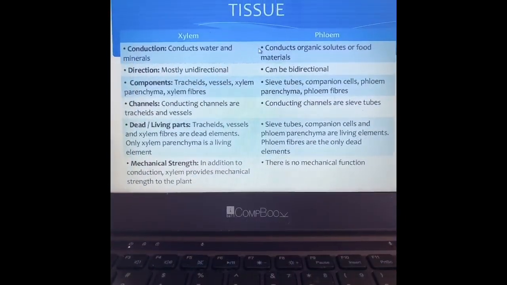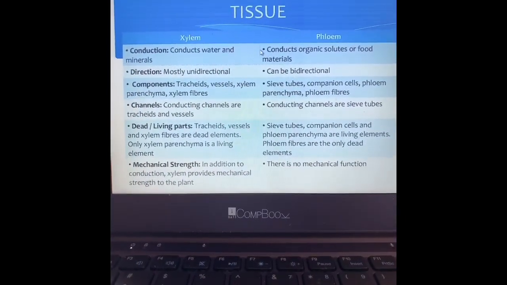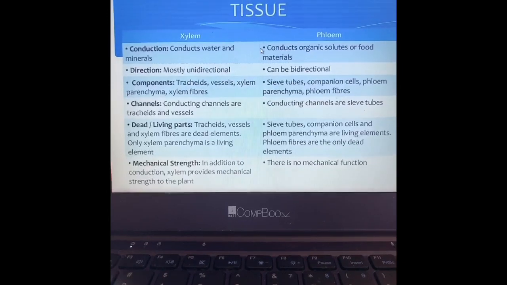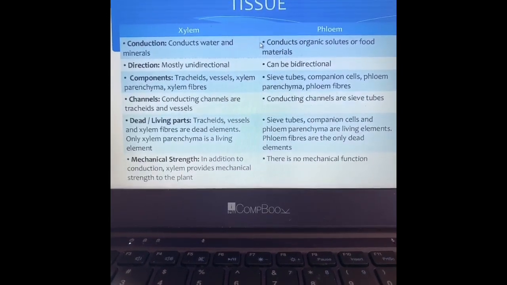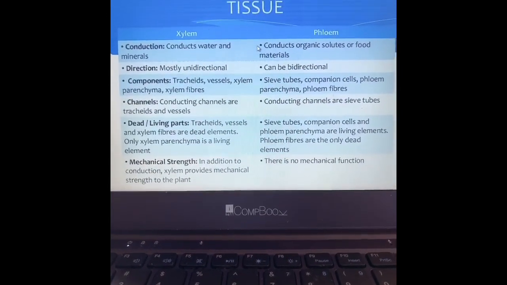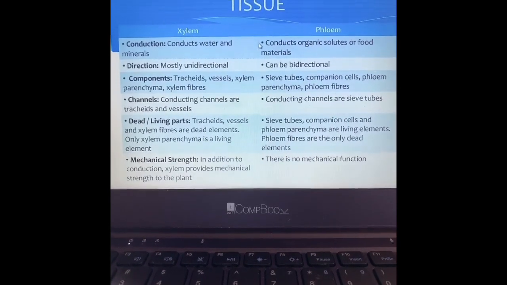Xylem provides mechanical strength to the plant, whereas phloem does not show any mechanical function. But then, yes, it does have fibers which show a little bit of mechanical support, but not as much as that of xylem.